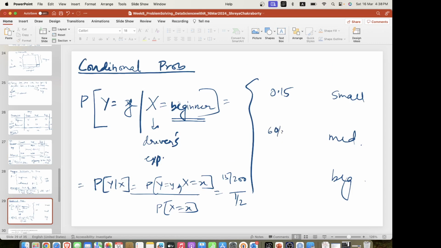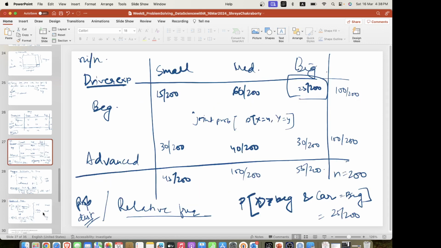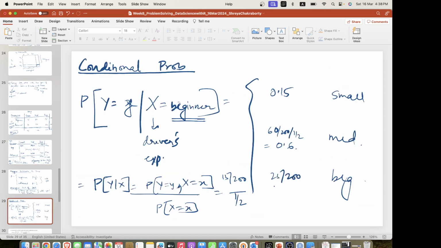So, this would be 0.6. And the probability that the car is a big one given X is beginner should be 25 by 200 by half. So, it would be 0.25. Note all these also add up to 1. Is it okay?